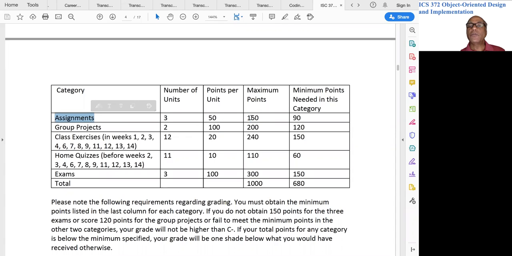And if you don't turn in the first assignment, your maximum points is going to be from the second and third assignment. So that is going to be up to 100. And you will have to get 90 out of 100. And a few mistakes here and there, you are out of luck. So don't miss any assignment.